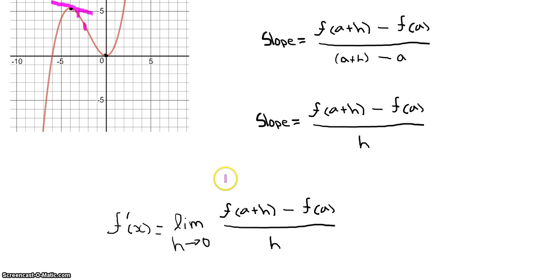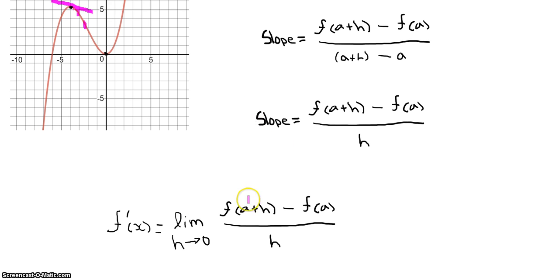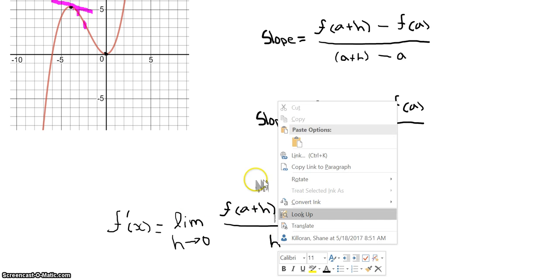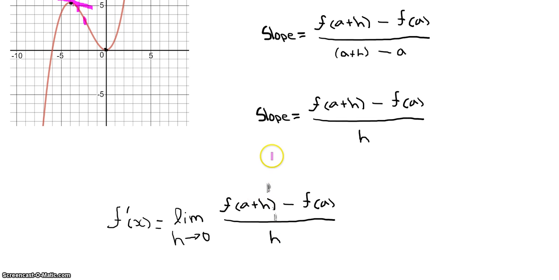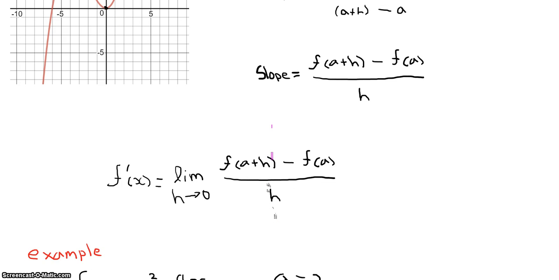And when it gets that small, we can basically say that we've got just 1 point, even though there is technically a super small difference between the two. You can just say that that is the tangent line. So that is our equation. F prime of x is equal to the limit as h approaches 0 of f of a plus h minus f of a all over h, where h is just any difference from a.